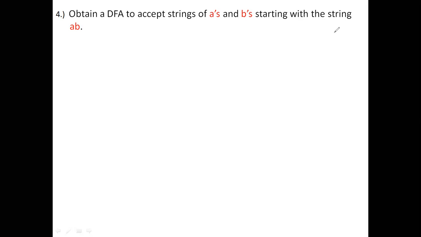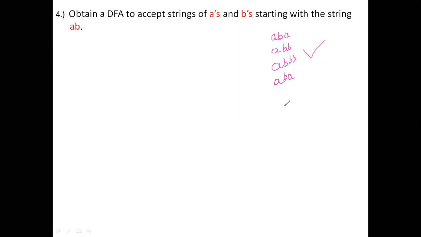Now for this question, the possible input strings which are accepted are AB, then ABB, then ABBB, then ABA. These are all the possible strings accepted by our DFA.